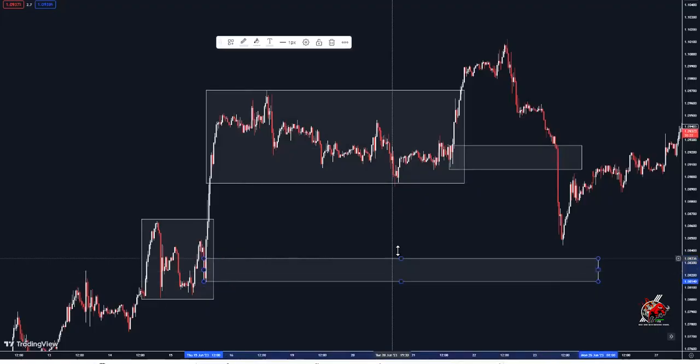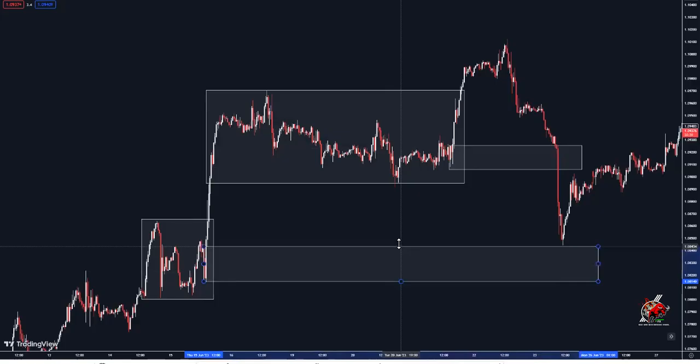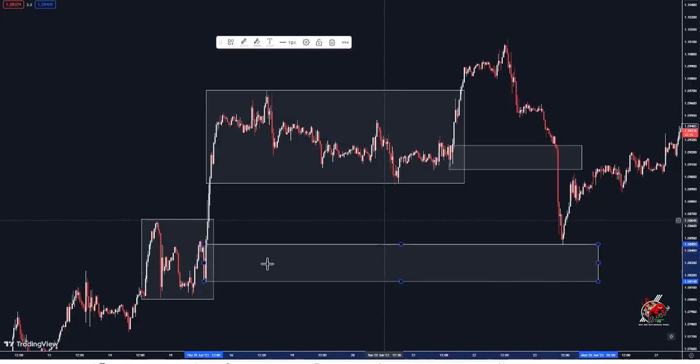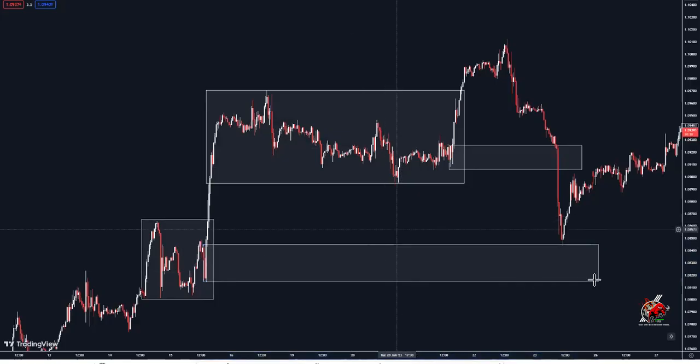Let me include the full candlestick there. So which one is valid? The extreme one, right? Because this one is just liquidity, because market makers already know that we're gonna place orders here, because we see a nice order block there after a breakout of our consolidation.